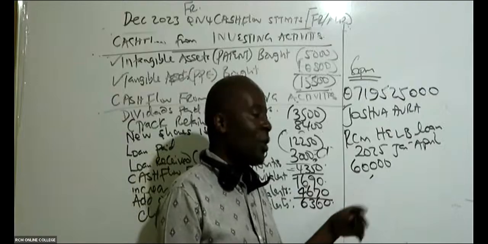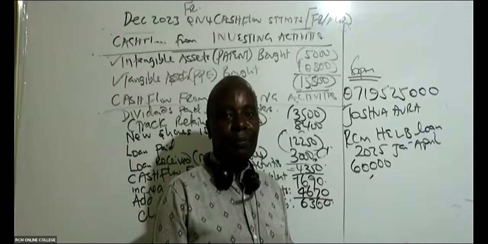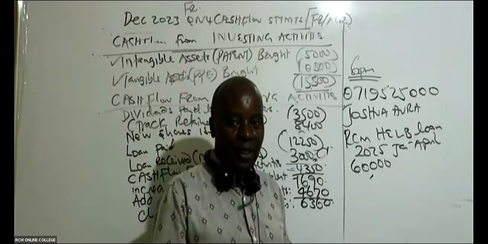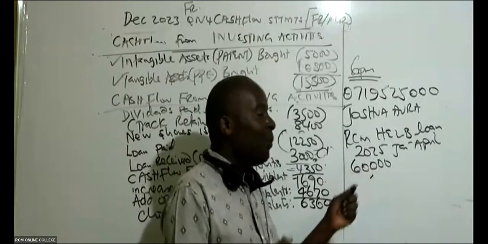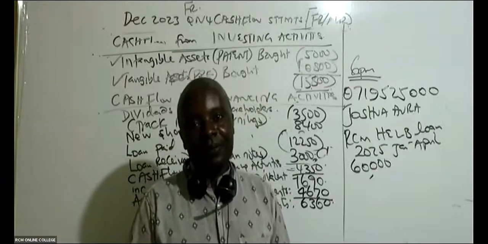If you get 60,000 and you're charging about 5,000 per paper, per term, that means 3 papers will be 15,000, so 60,000 will be able to stand in for you for 4 semesters.